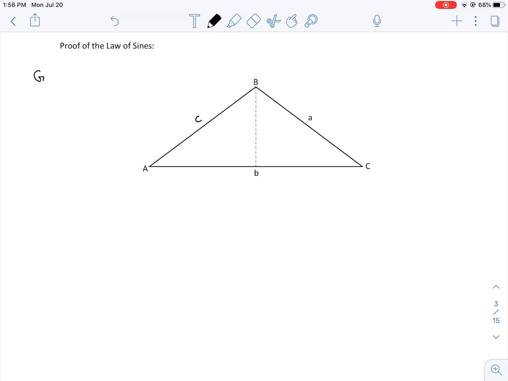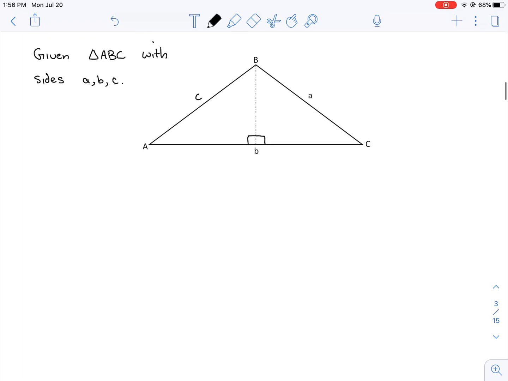And what's given, triangle ABC with sides lowercase a, lowercase b, and lowercase c. And you have a dashed line going from angle B down to side b. And that makes a 90-degree angle with side b.